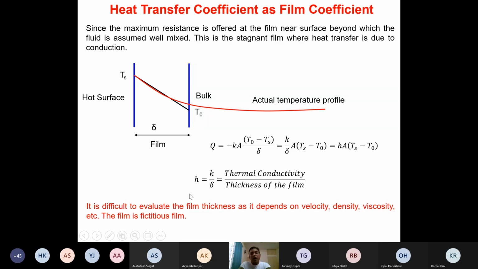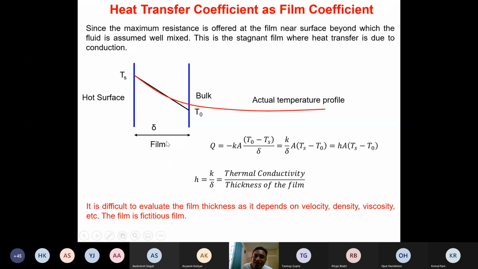So now you can argue with me. Here the heat transfer coefficient is only a function of thermal conductivity, but it is not a function of viscosity or density, isn't it? The reason for that is this assumption that the film is going to be exactly stagnant is not correct in a practical situation, isn't it?